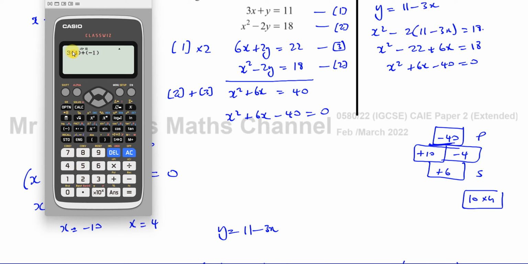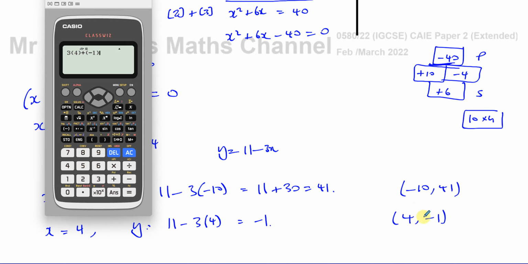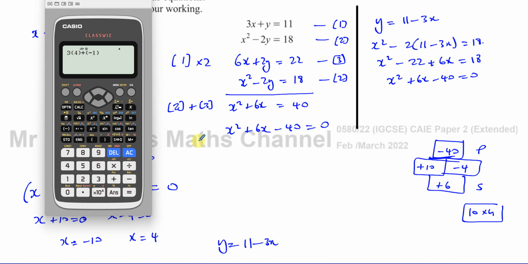That's when x is 4 and y is minus 1. Does that give you 11? Yes, it does. That's what we're looking for.